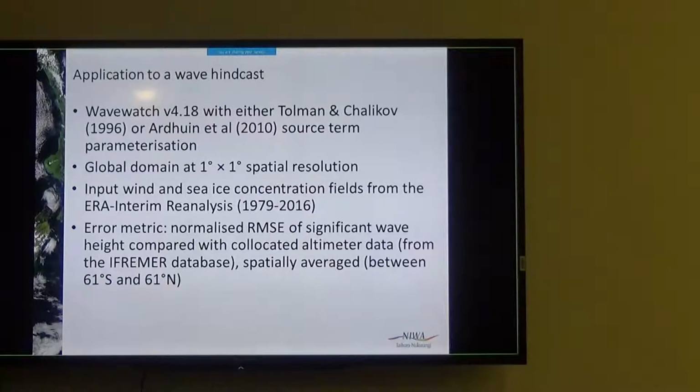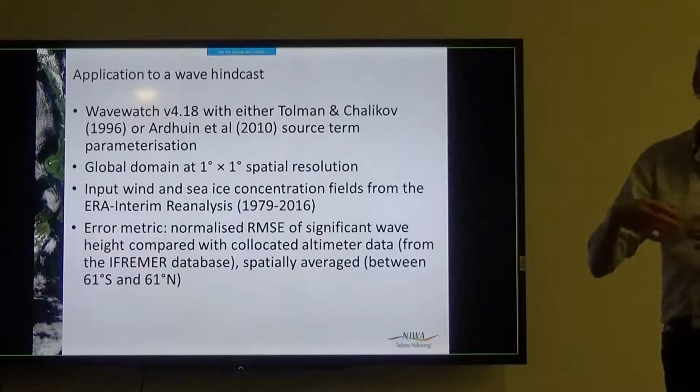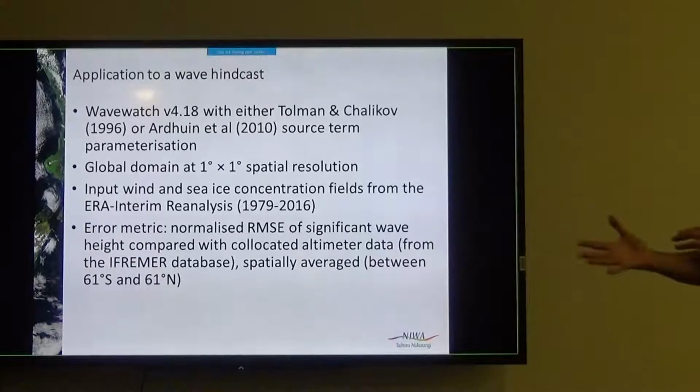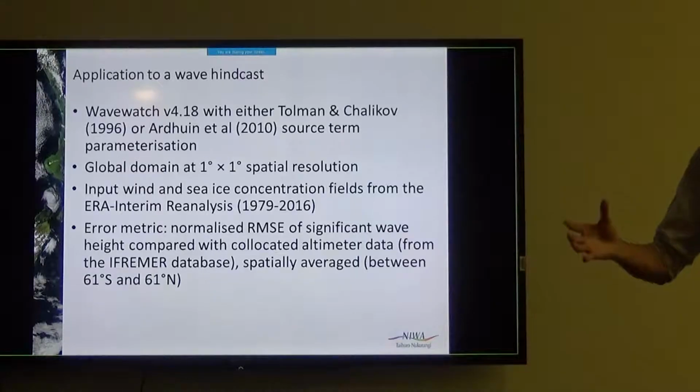Okay, so just to give an example, I'm going to show how we apply that for a wave hindcast. Originally we developed this to run our forecasting system, but since the application I'm going to talk about is the hindcast, I'll just run through that. In my case, I ran a hindcast using WaveWatch 4.18, based on ERA-Interim winds, on the same global domain that ERA-Interim was on.